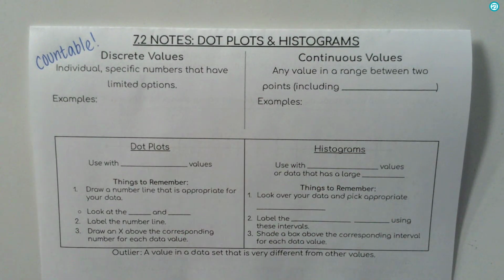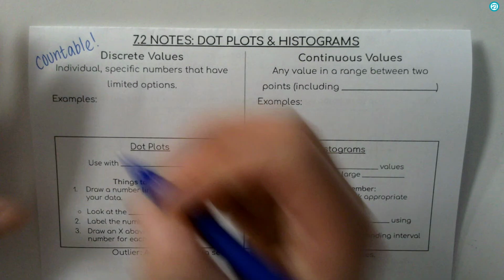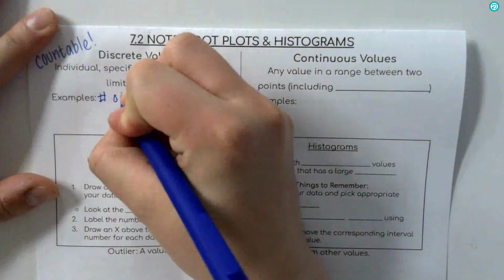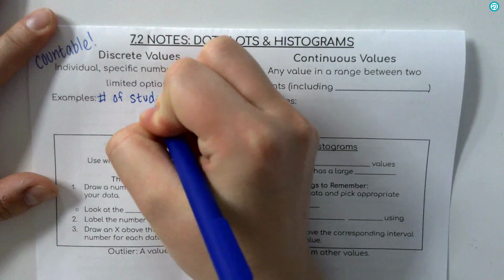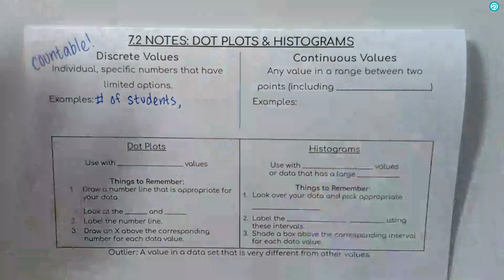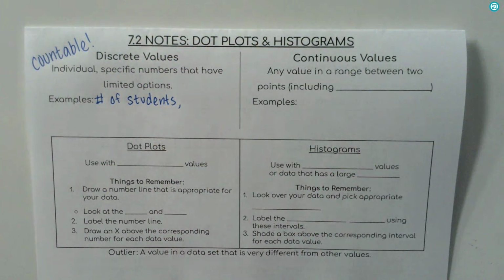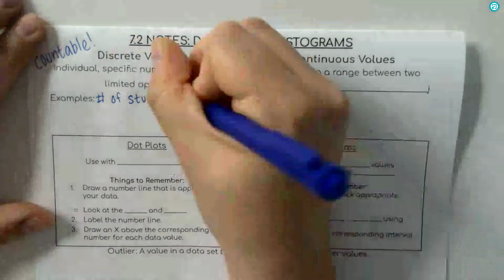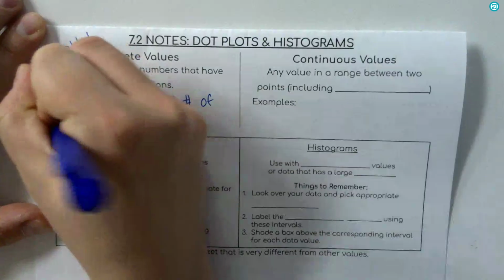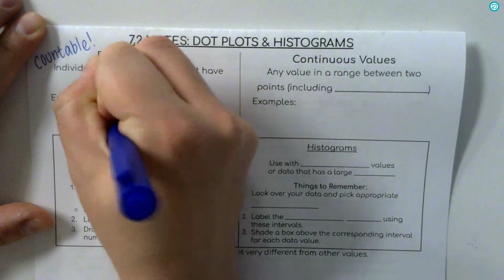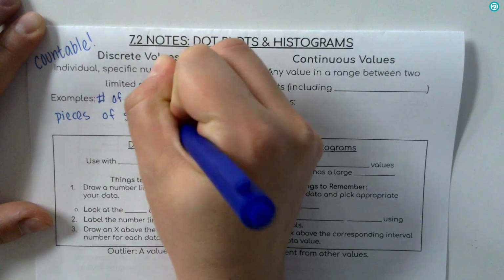So some examples of discrete values are the number of students in this class. Trying to think of something else that's countable. The number of pieces of sushi you eat.